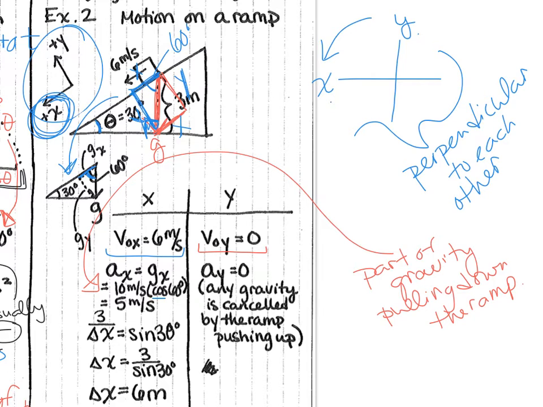In the y direction, there is a component of gravity pushing the object into the ramp. However, the ramp pushes back up. This is called normal force, but all you need to know for now is that when an object's on a surface, the part of gravity pushing it into the surface is counteracted by another force.